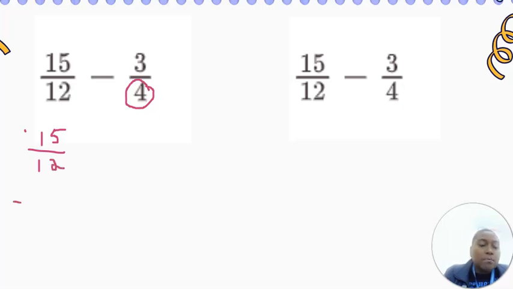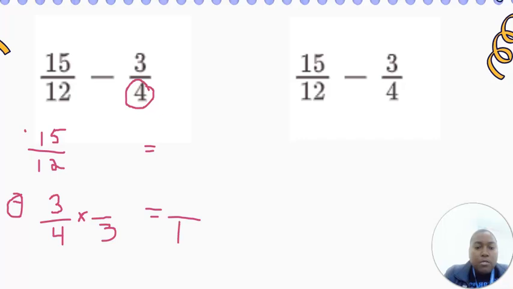This one is a subtraction problem. So I'm going to circle my subtraction. And now I do have to make an equivalent fraction for this. So we said that we know that 4 times 3 equals 12.